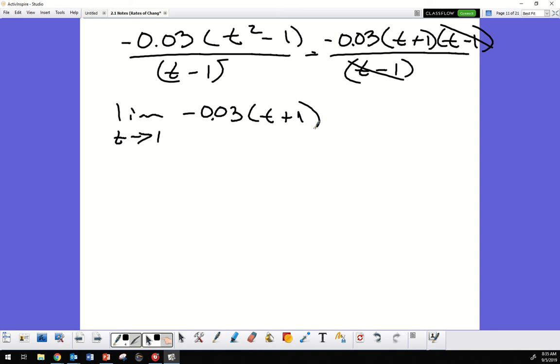Now can I take the limit and plug in the 1? 1 plus 1 is 2, and 2 times negative 0.03 gives me negative 0.06. Now, in this microbiological experiment, what does that actually mean? Go back. We have to talk about it in words.